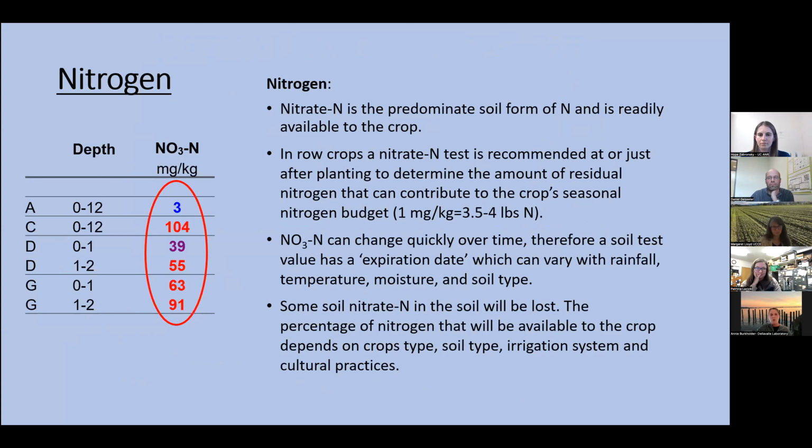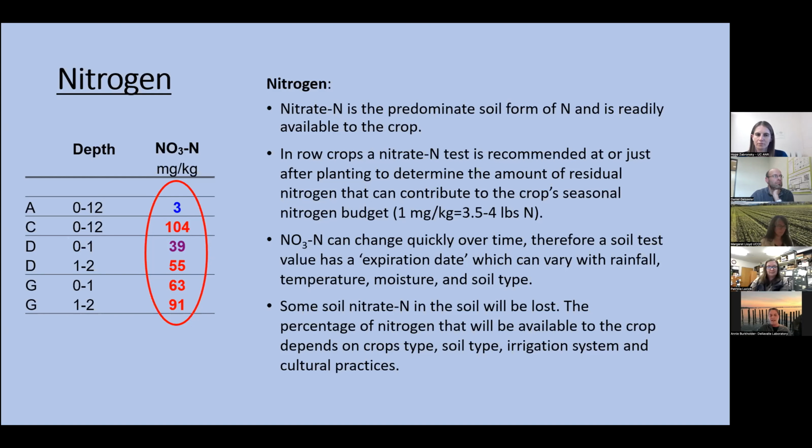You can test your soil just before or just after planting and get a snapshot of the nitrogen concentration in your soil. There is an expiration date on that sample because nitrogen does readily leach through the root zone. For example, if you're putting on some irrigation water at planting, that could leach some nitrogen through your soil.